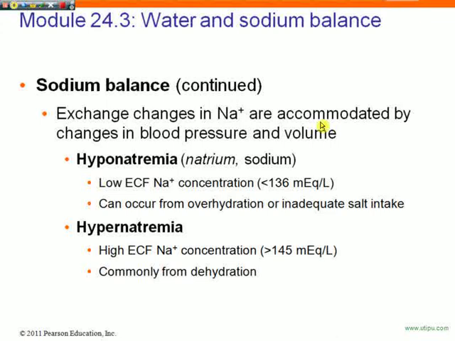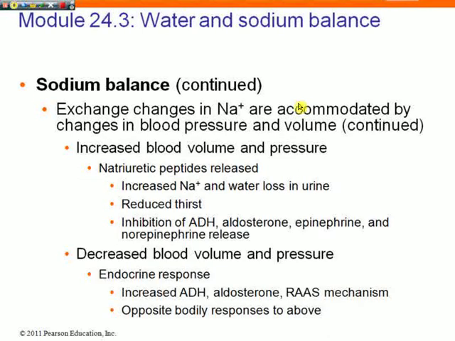And this can occur from overhydration, drinking too much fluid, or inadequate salt intake. You get hyponatremia. The opposite is hypernatremia, where you have a high extracellular fluid sodium concentration, greater than 145 milliequivalents per liter. And this is commonly from dehydration.